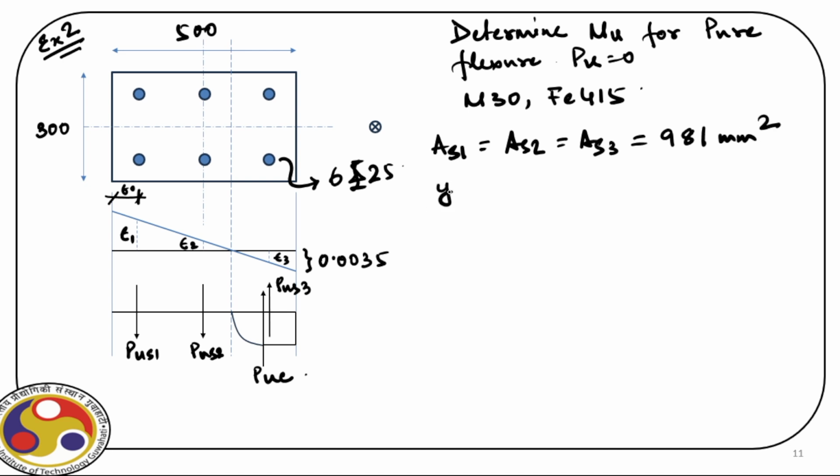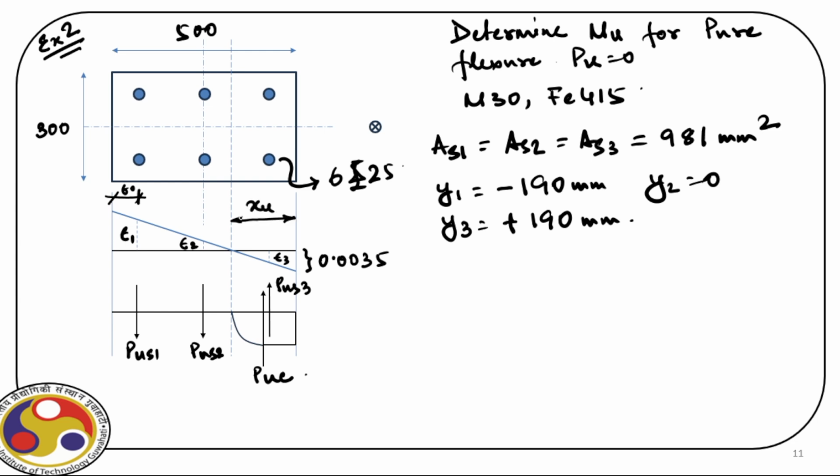And recall y1 is equal to minus 190 millimeter, y2 is 0, and y3 is equal to plus 190 millimeter. Now here we do not have that balance condition that we use to locate the neutral axis, which is shown here. So for this problem, we first have to figure out the neutral axis, right?